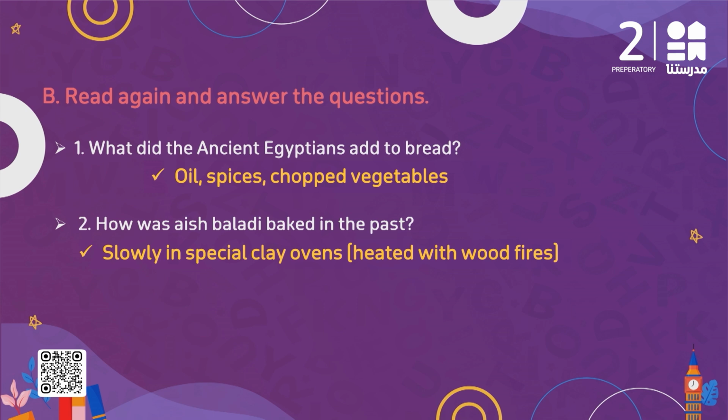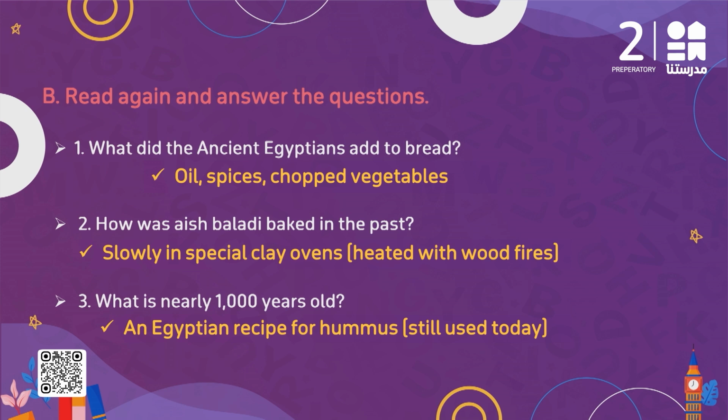They baked it slowly in special clay ovens heated with wood fires. What is nearly 1,000 years old? An Egyptian recipe for hummus, and it's still used today, which means you just need to boil and mash the chickpeas.